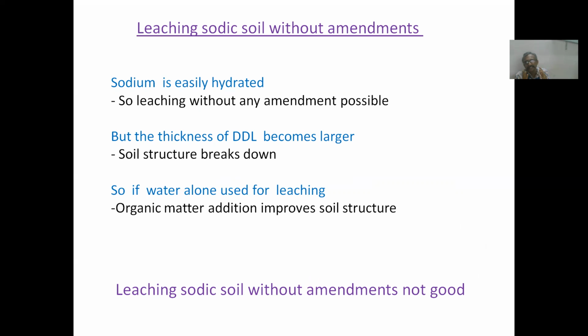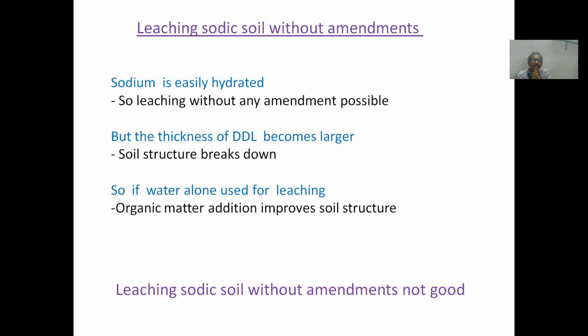So it causes the diffuse double layer to become larger. When the diffuse double layer becomes larger, then again a problem comes. The soil structure gets broken down. So even before removal of the sodium, the soil would have had a better structure, and after the problematic sodium is removed, it will show a lot of structural problems.